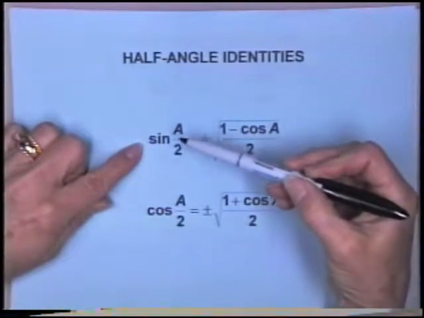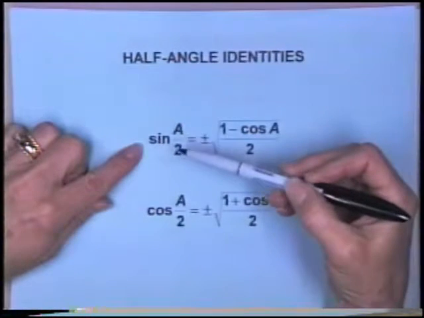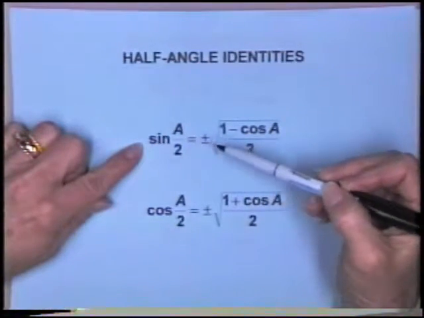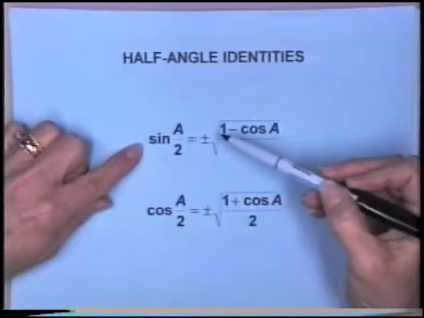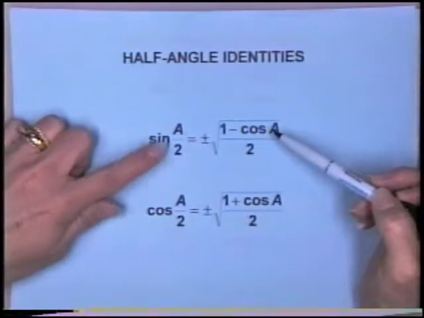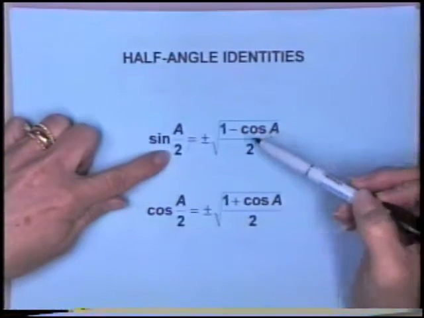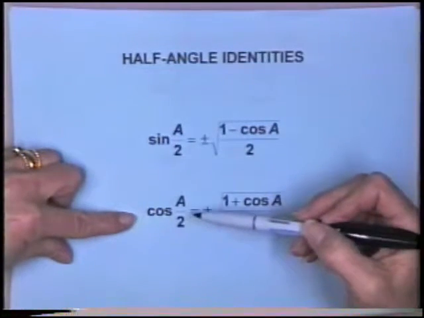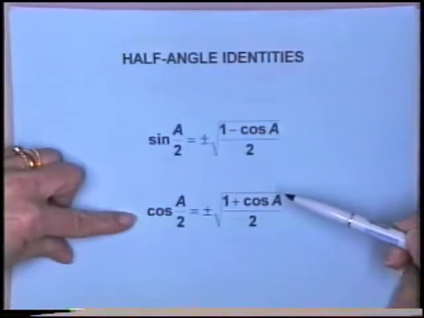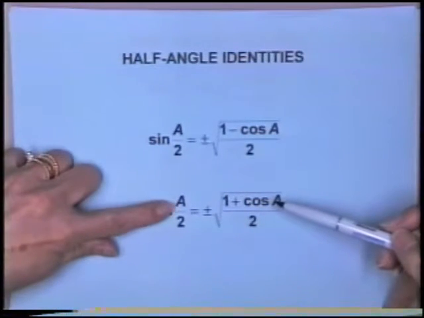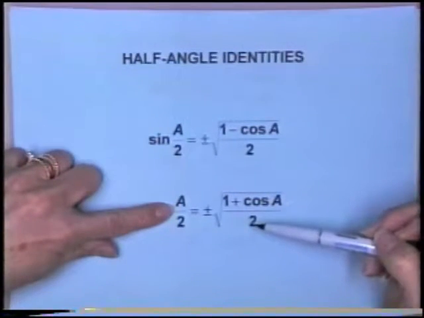So let's look again at these formulas. The sine of some angle divided by 2 is either positive or negative square root 1 subtract cosine of, in this case, a, twice whatever was here, all divided by 2. The cosine of a over 2 is plus or minus the square root of 1 plus the cosine of a, again, twice what's over here, divided by 2.